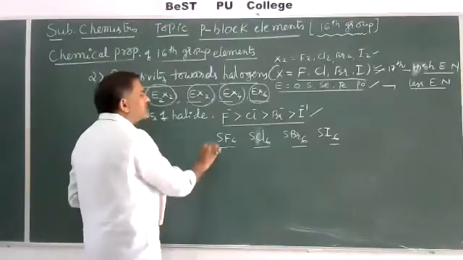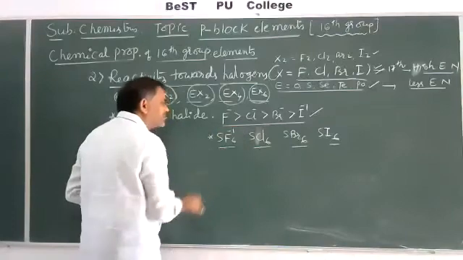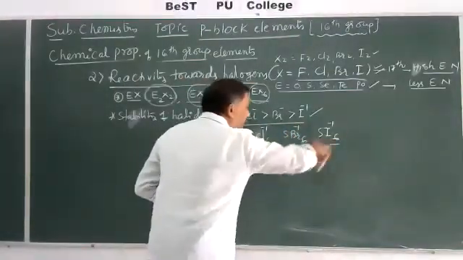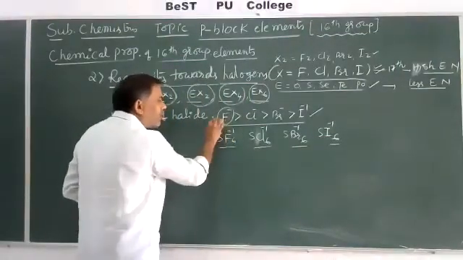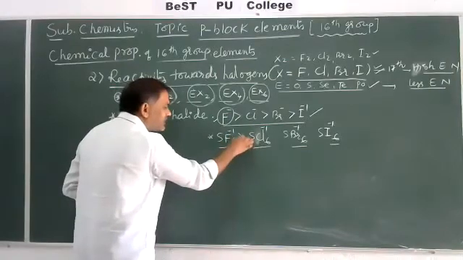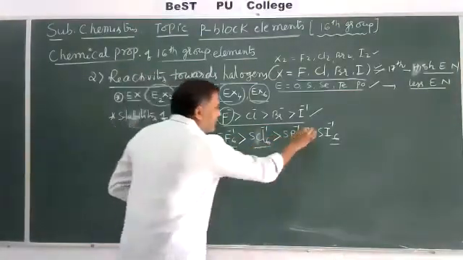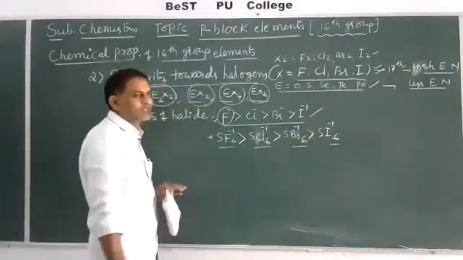Among these, fluorine is -1, chlorine is -1, Br -1, I -1. Among these, the F minus compounds are more stable, meaning SF6 is more stable than SCl6, than SBr6, than SI6.